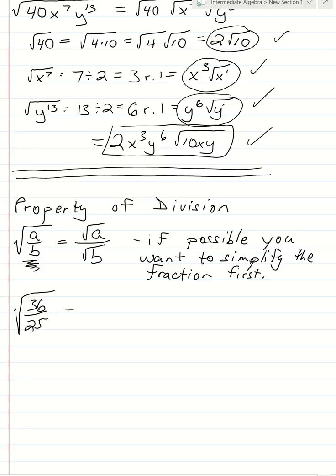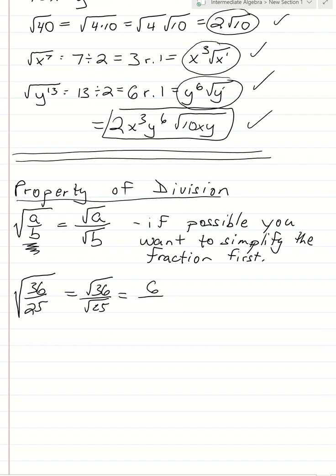So now we can use this property of division, and we can distribute the radical on the numerator, square root of 36, and on the denominator, square root of 25. And now let's take the square root of each one. The square root of 36 is just 6, and the square root of 25 is the number 5. So the square root of 36/25 is the same thing as 6/5.